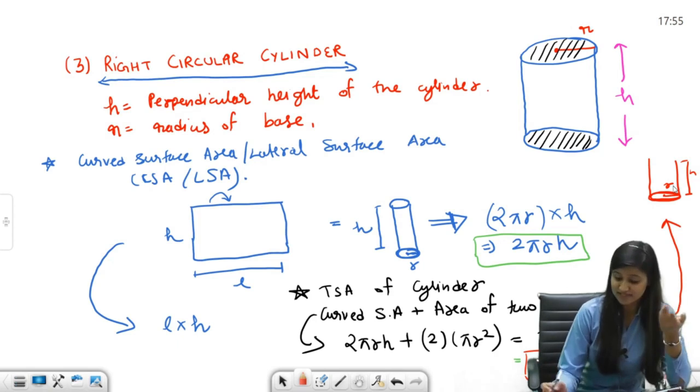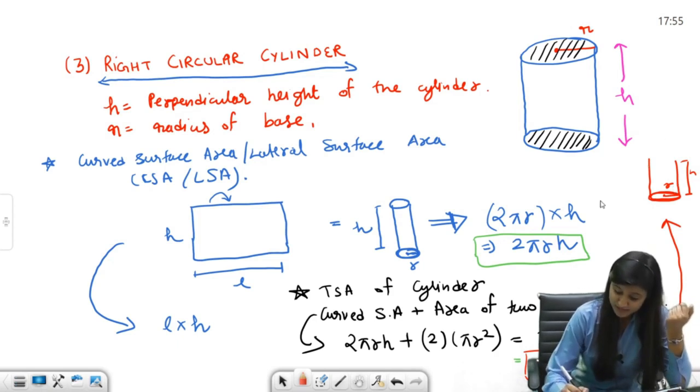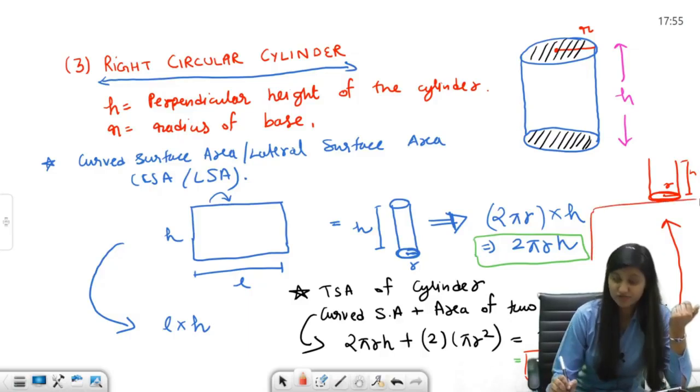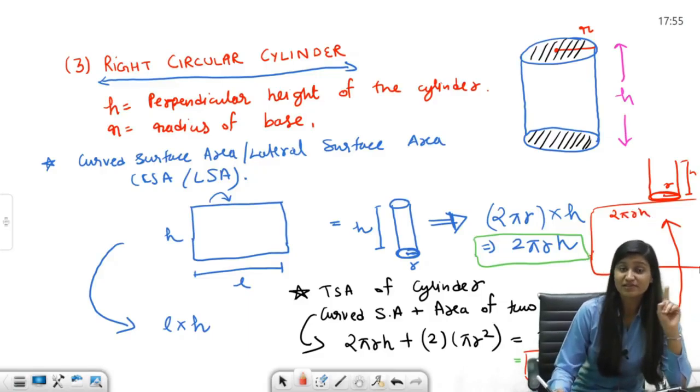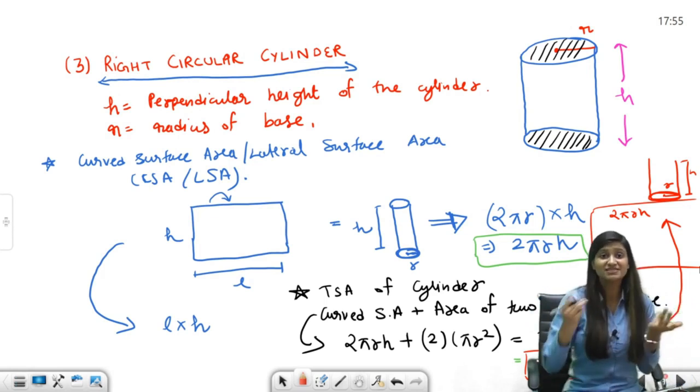If we need to calculate the area of this particular glass or tumbler, how will you do that? Simply, we know the curved surface area. What was the curved surface area? It was 2 pi r h, right? And now, we will only take the area of one circular base because the upper one is not present.